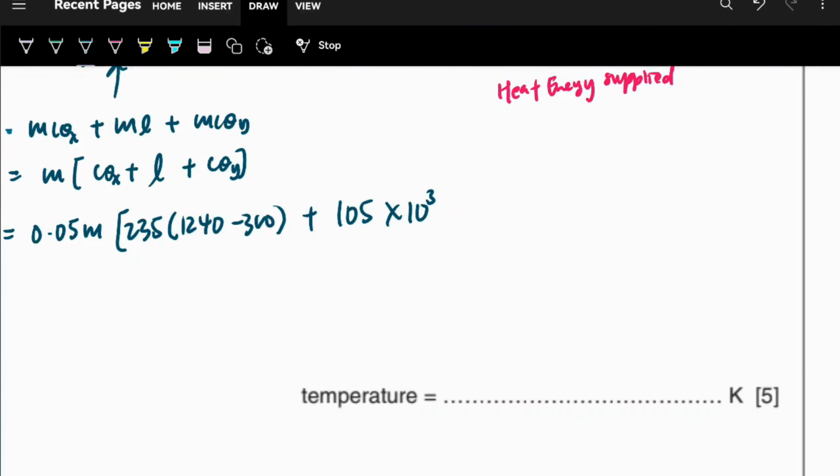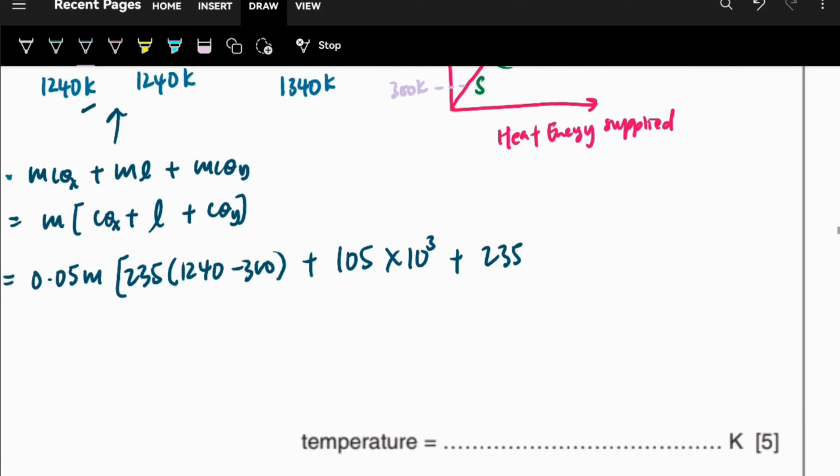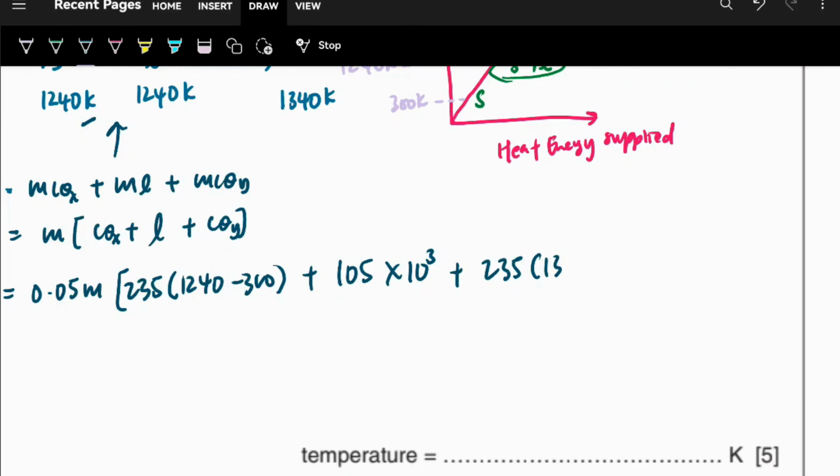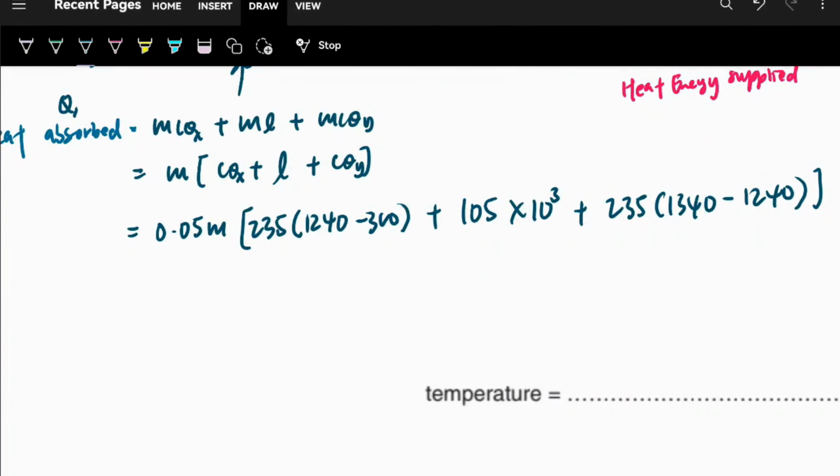Then, plus 235 again, specific heat capacity. Temperature change is 1340 minus 1240. There are a lot of numbers here, so when you put it in your calculator, make sure you put it properly. Don't put it too fast. And this would give me, okay, wait, let me write my 0.05 m.